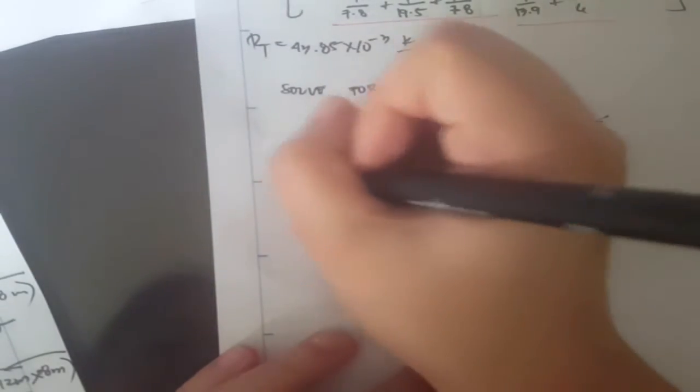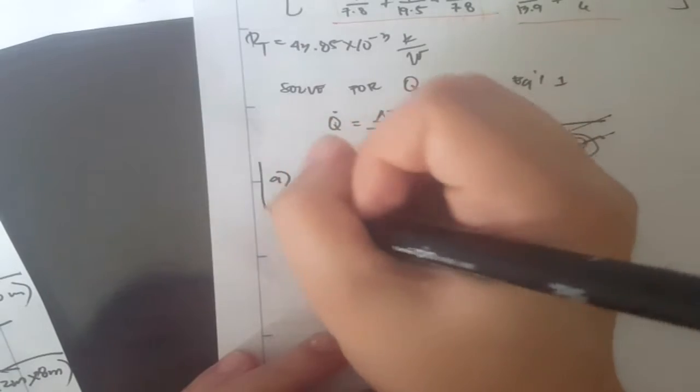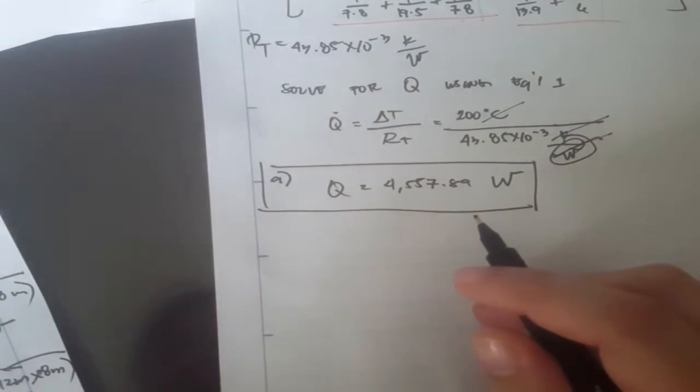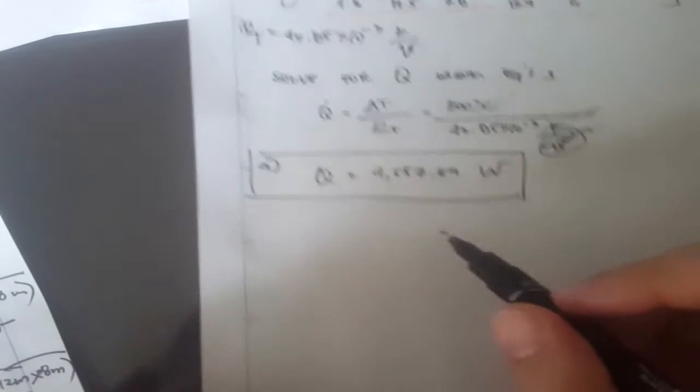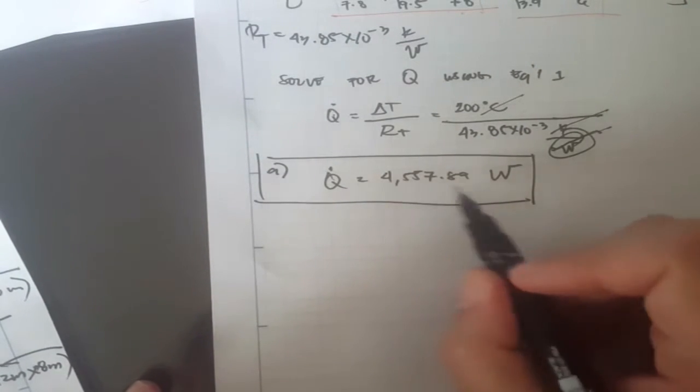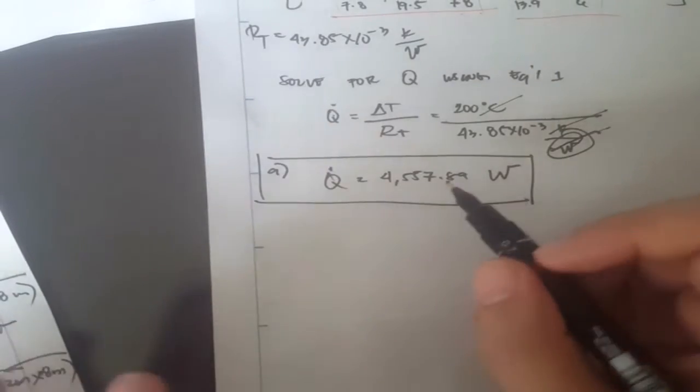So for letter A, the rate of heat transfer through the wall is just equal to 4,500 plus watts.